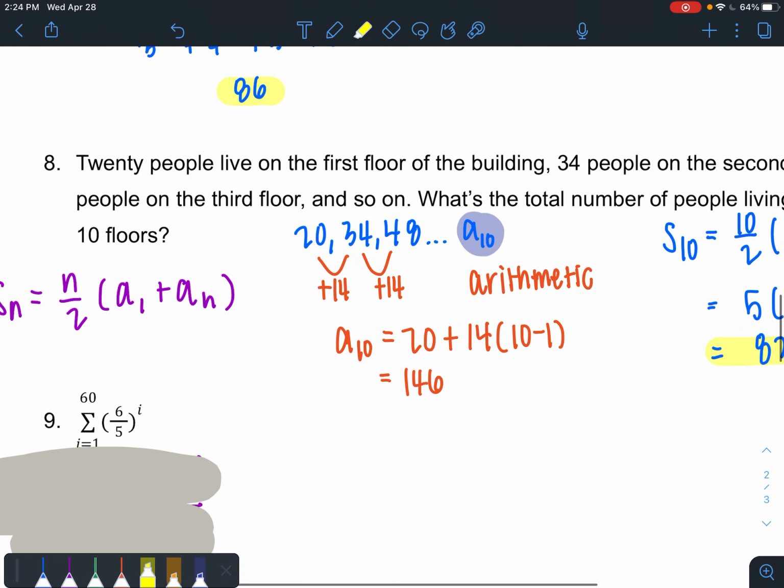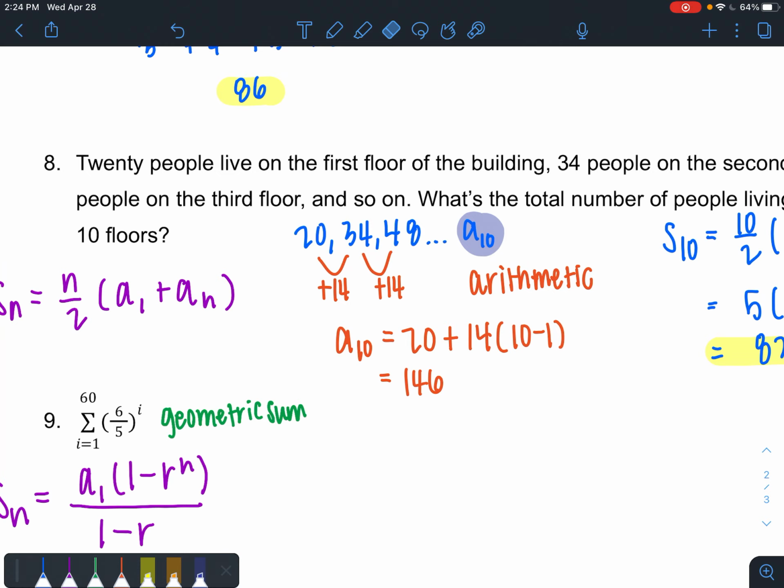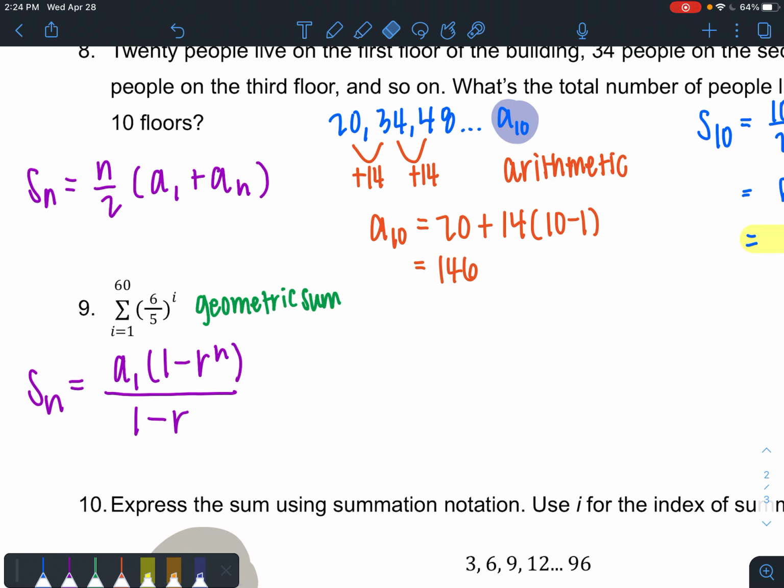All right, this next one here, I can add up the first 60 terms. It's just going to take me a while. So instead, I can use my geometric sum formula. So here's my geometric sum formula. So we have S of 60, because I have 60 terms, equals a sub 1, which to find a sub 1, I need to plug 1 into this equation.